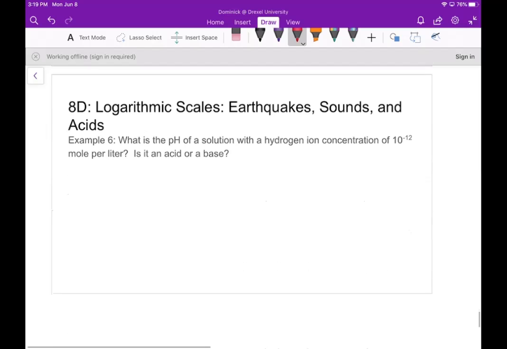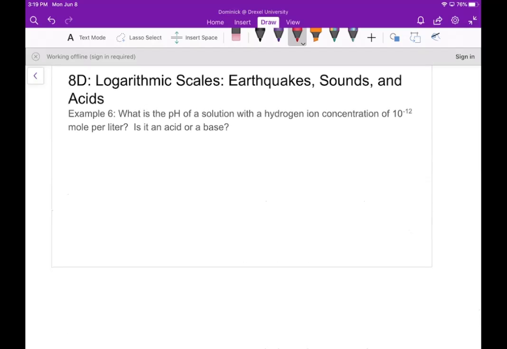So in this next example, we want to know what is the pH of a solution with a hydrogen ion concentration of 10 to the minus 12 moles per liter, and we'll use that to determine if it's an acid or a base. Of course, here we would want to use the first version of the formula because we want to find the pH, and the pH is equal to minus the log of H plus. Here H plus is 10 to the minus 12.